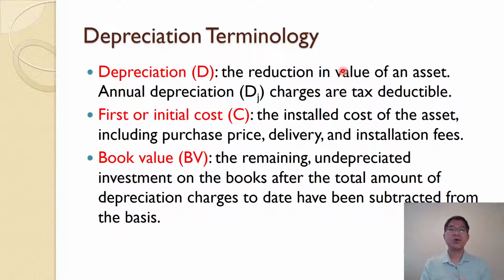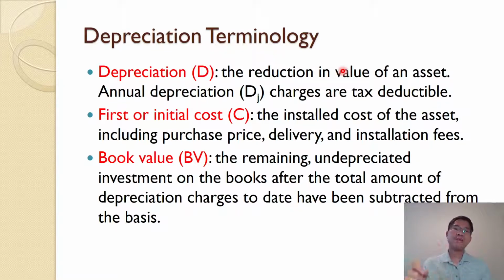The installed cost of the asset, including purchase price, delivery, taxes, installation fees. However, what I consider initial cost, we will talk about declaring the initial cost of an asset before we use it as a depreciable cost in the next lesson videos. But for now, that is the initial cost, which is C.